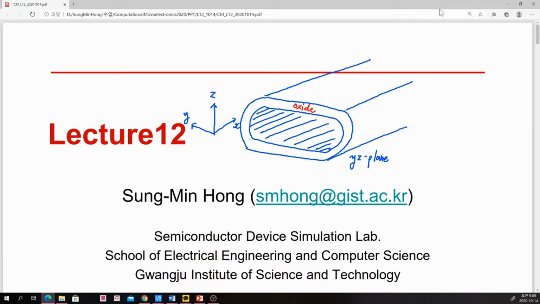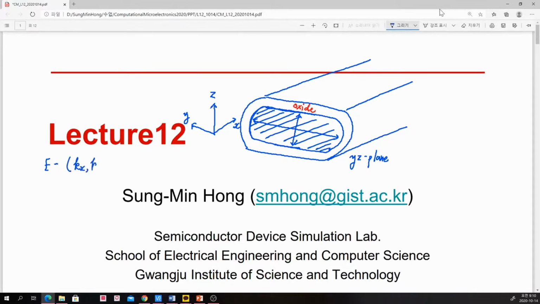We have a homogeneous cross section along the x direction, and now our silicon is surrounded by the oxide layer, not only along this z direction but also along this y direction. Then what will happen to our system? Previously we had E versus kx, ky and kz.